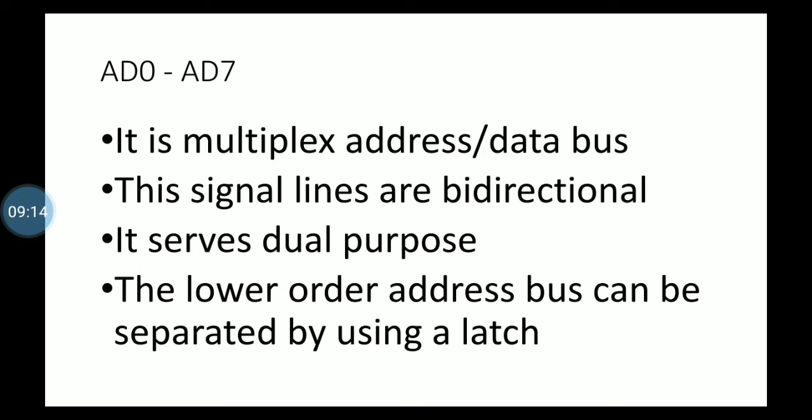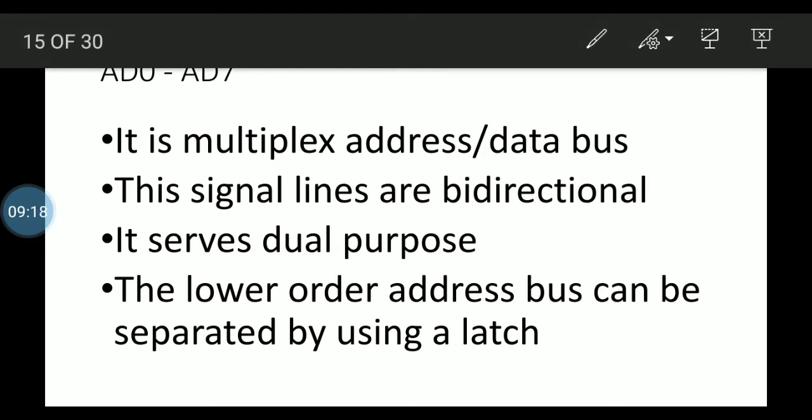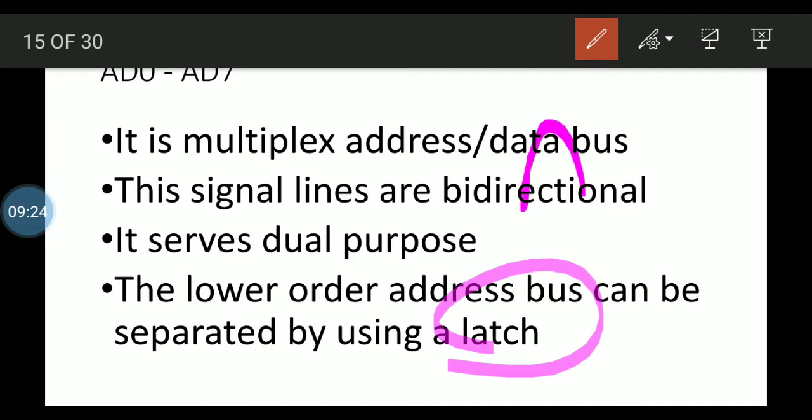The lower address bus can be separated by using a latch. Actually, a latch is a separating signal. Here, the latch is controlled by the ALE signal. ALE comes into play to separate the address and data bus.